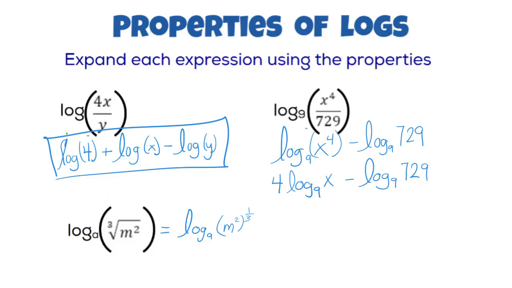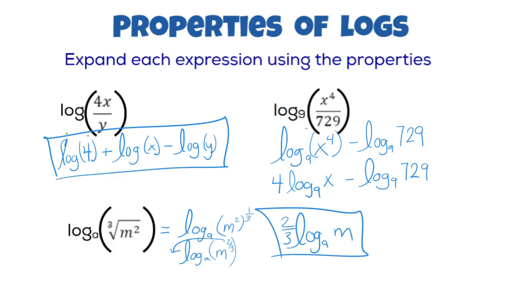That's what's really going on, which really means that it's a log base A of m to the 2/3 power when you multiply those exponents. And now I see, oh, okay, that's an exponent. I'm going to pull that out in front. So final answer, I'm sorry, 2/3 log base A of m. Final answer.